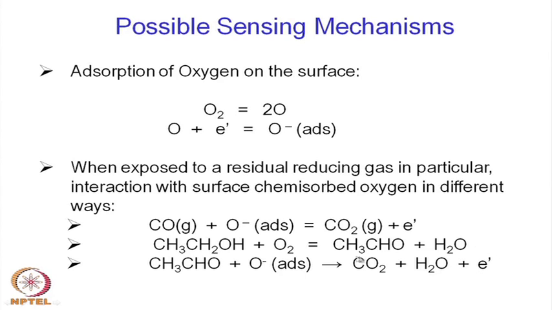So, by these chemical processes, whether it is carbon monoxide or an alcohol like this, you can inject electrons, you can free electrons from the adsorbed sites or the adsorbed layers. So, this becomes a free electron and conductivity increases. So, that is the kind of very simple mechanism, and adsorption has a very important role in the whole process.